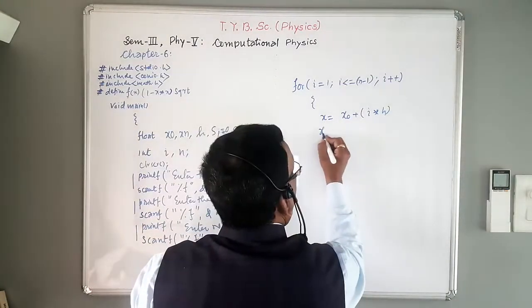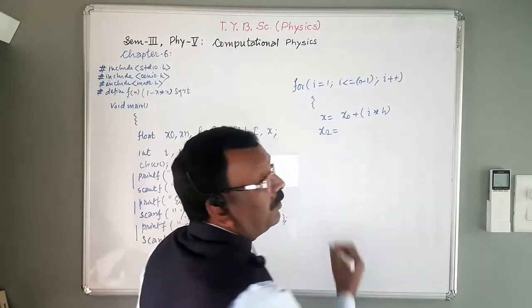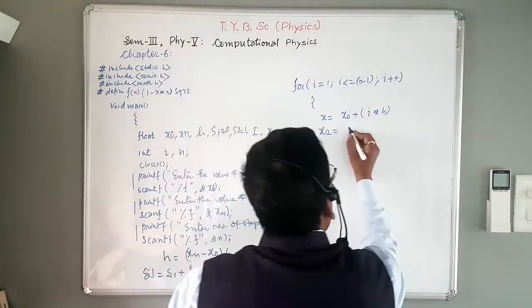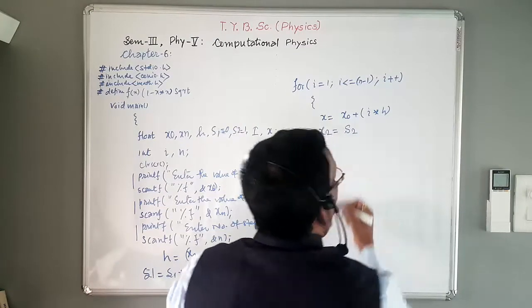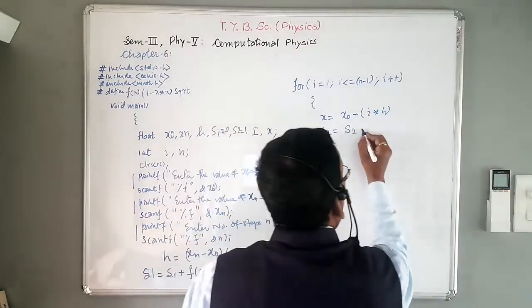Then we calculate another variable, s2, which is s2 plus f of x.